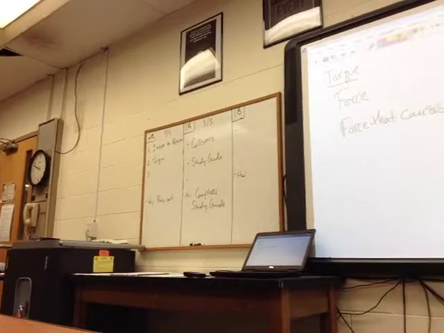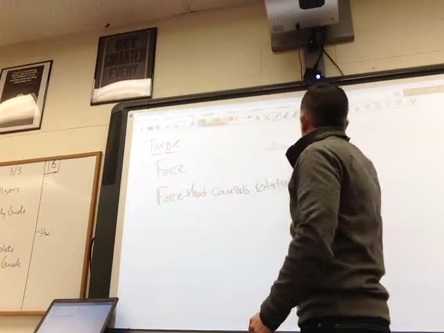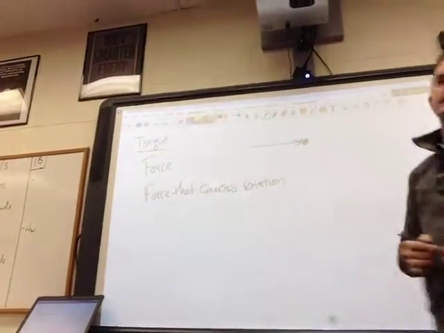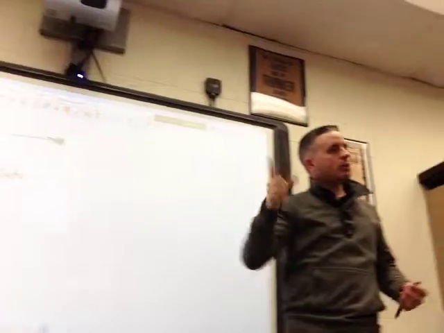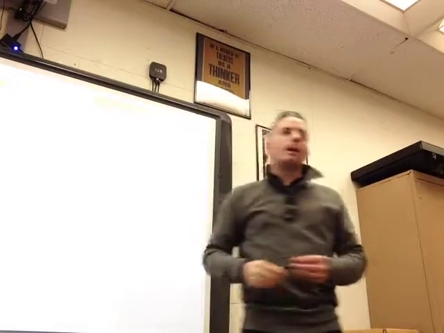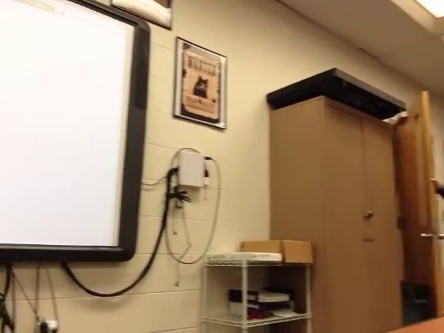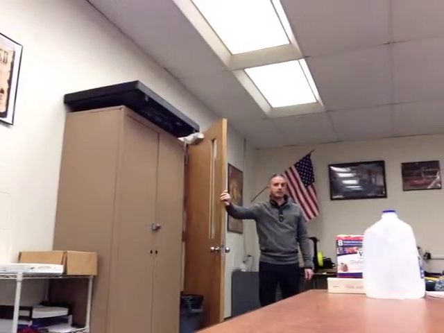Does that make sense? If you're pushing directly through that axis, it's not going to cause any sort of rotation. But if we push here, we get the door to rotate.